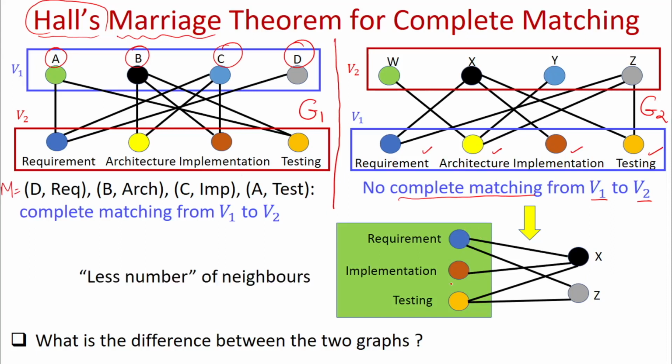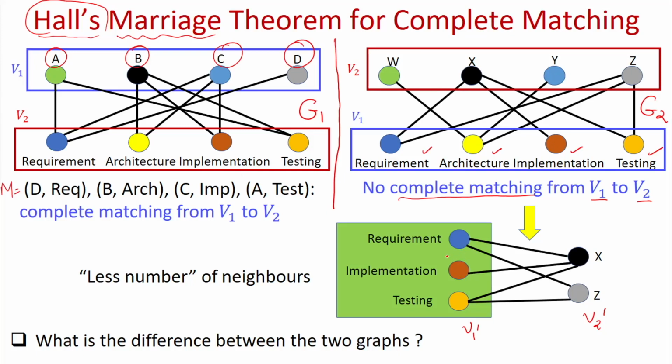So in terms of graph theoretic properties, I have a subset V1 prime here and a subset V2 prime here, such that the number of neighbors of V1 prime is less than the number of nodes that you have in V1 prime.